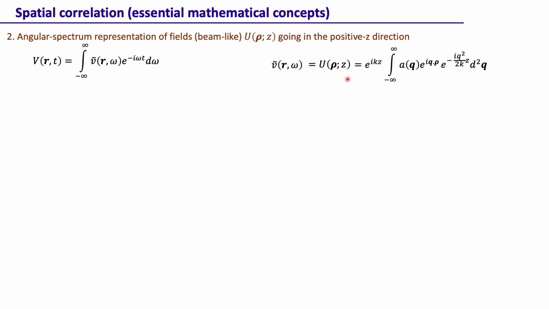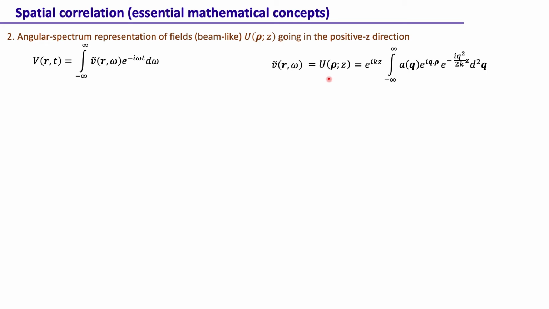Because of that, things are a little different than in the case of time, yet there are several things that are quite analogous, and my aim here is to point out all those analogies so that whatever concept we have learned in time, we see that they are also applicable in space. Okay, so that's the form of the field we'll be using.